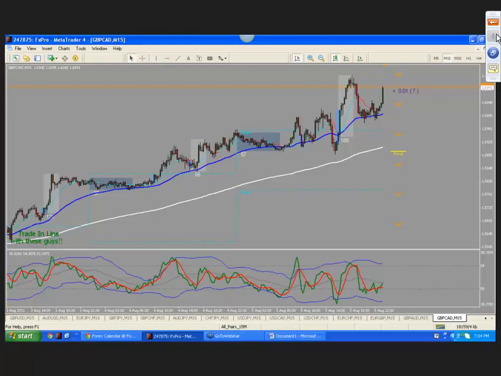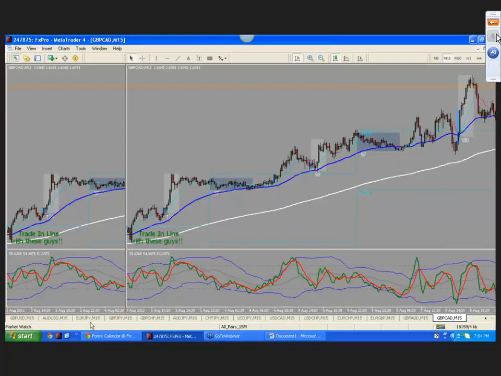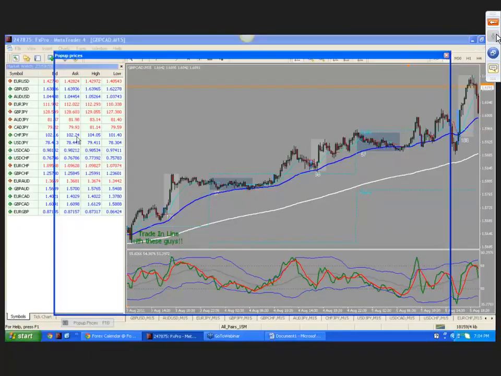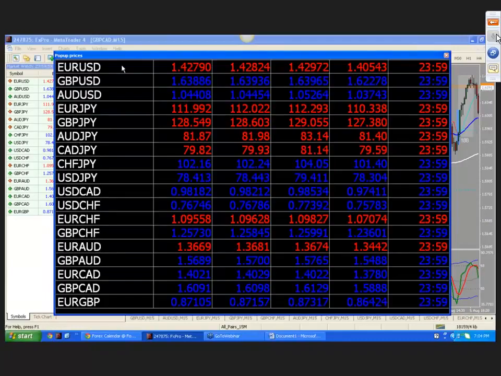David, about 10. Here, I'll show you exactly which ones I watch. Not all of these. So Euro Pound Oz, and it's set up grouped logically, so you know, here are the majors, here are the yens, here are the crosses, here are the Swiss, here are the CADs. So you can be watching, all right, the CADs are getting worked at the bottom, the majors are getting worked at the top, the yens are getting worked in the middle.